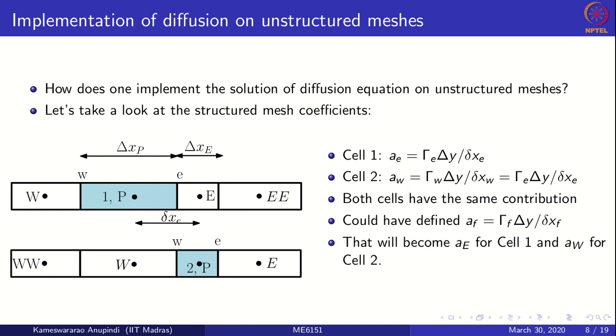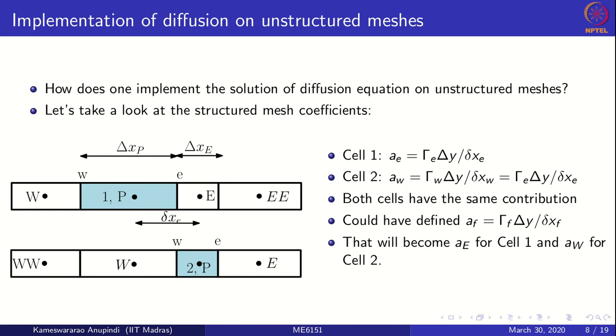That is, start off with the equation AP phi p equals sigma A and B phi and B plus B, and write such an equation for each and every cell, right? Then you go cell by cell. You start from, let's say, cell 1, and then move on to cell 2, cell 3, and so on. And when you go to every cell, you would calculate what is A and B.